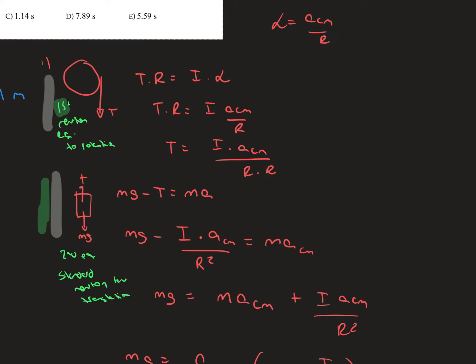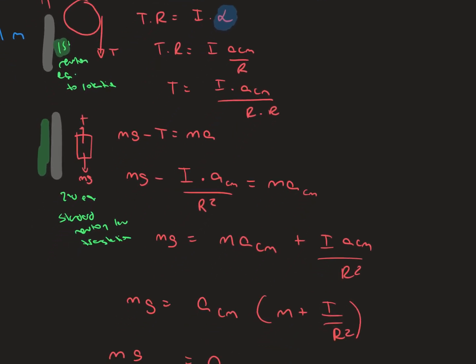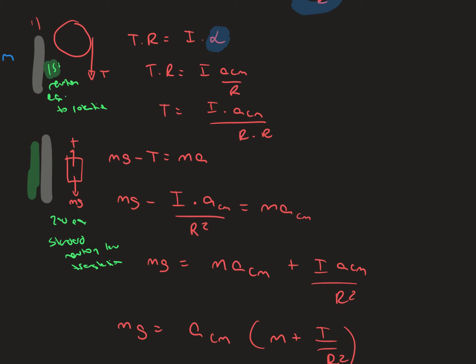In the first part, we rewrote the value of alpha in terms of acceleration and radius, so we can look for the acceleration, which is what we're trying to find. So we're going to use the first equation to find acceleration in the second equation.